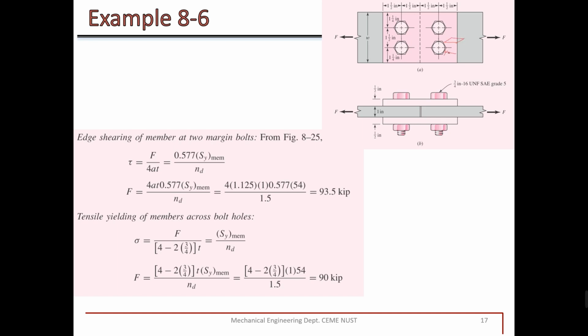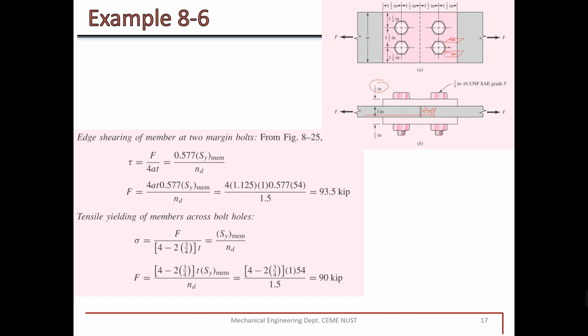Similarly, at this point as well, we have this area, one area and two areas. What is its value? Thickness, which is this half inch, multiplied by this area can fail here, or this inner plate can fail here, two times the area.